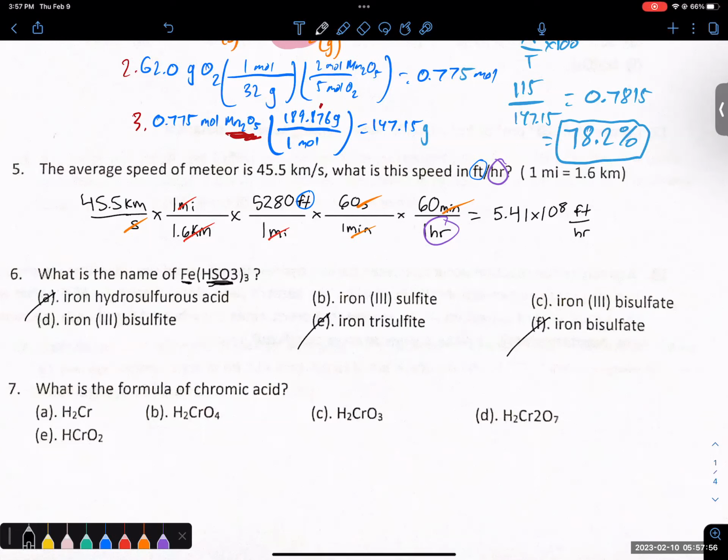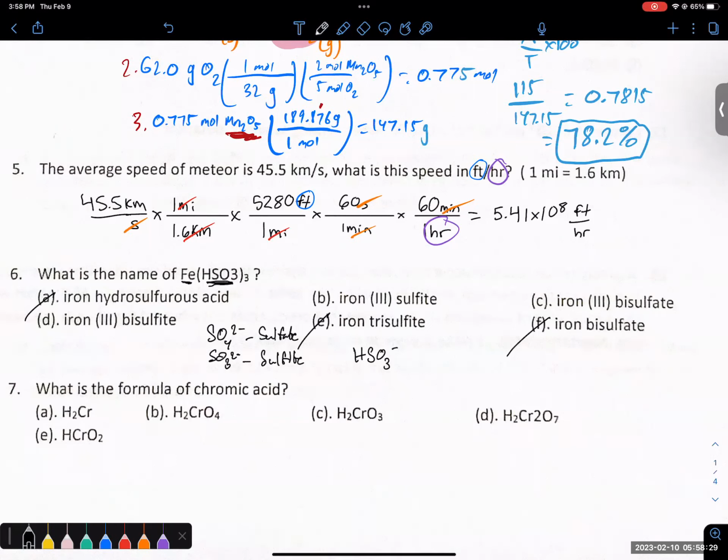So SO4 2- is what? Sulfate. Now let's take off an oxygen. SO3 2-. What's that? Sulfite. And now what happens when you add an H to something? Yeah, that's the bi.